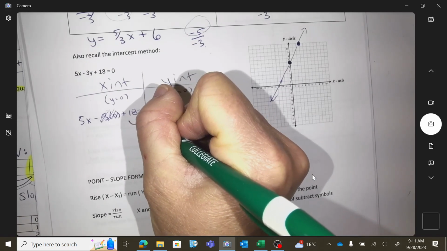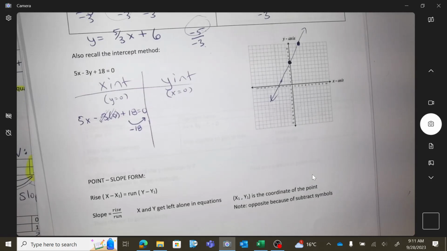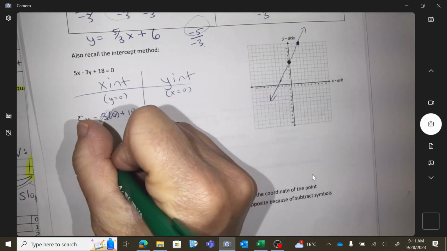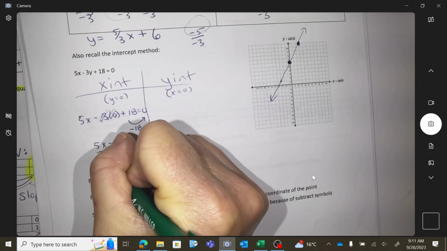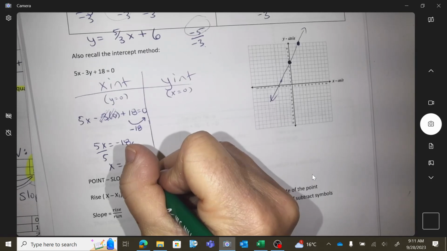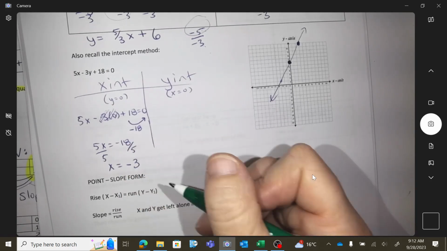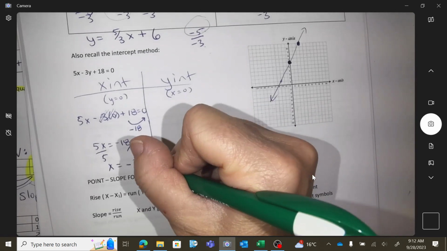To algebra this, I would have to subtract 18 and then divide by 5, which is negative, for sure 3, right? It's 3 times 5 is 15, so 3.6.